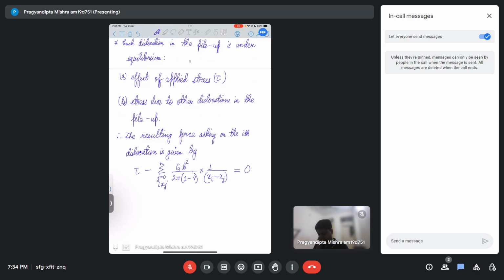This should be equal to 0. So by balancing this equation, we can find the force on the ith dislocation. Okay.